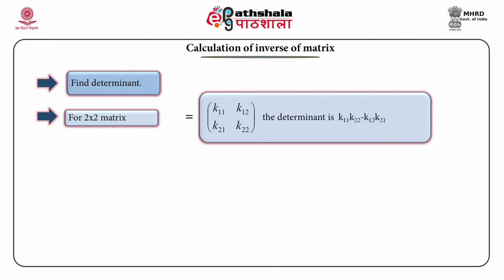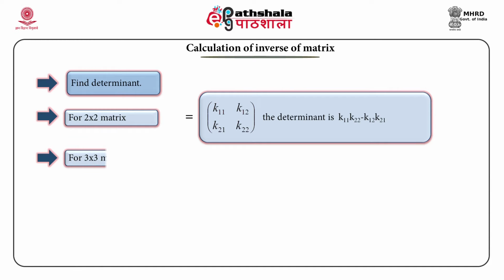So, no wonder if I say K21, with suffix 21, it lies in the second row and first column. To find the determinant, you need to multiply the diagonal elements K11, K22, minus the other diagonal elements K12 and K21.